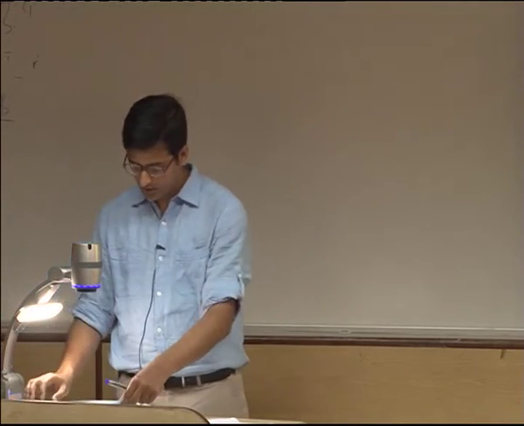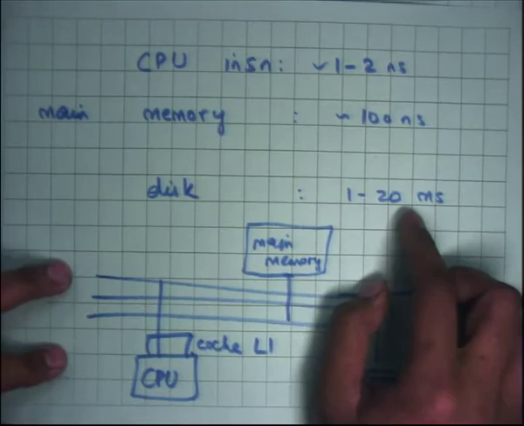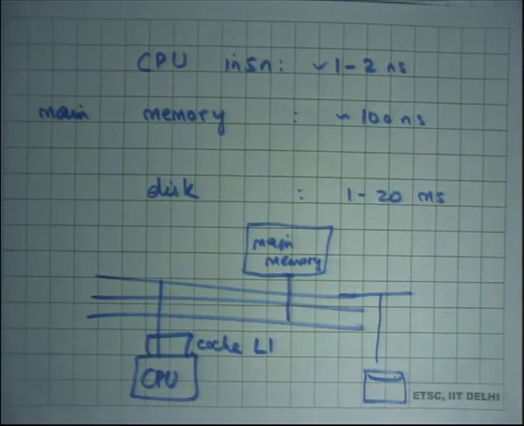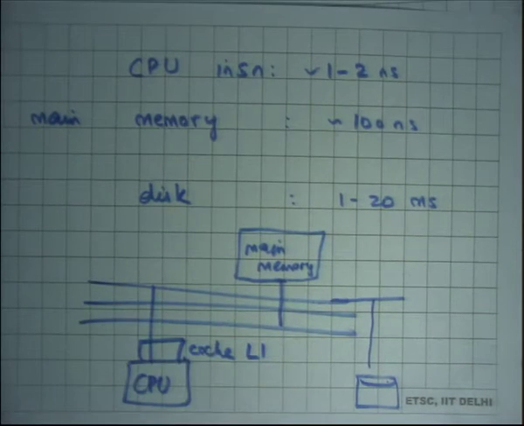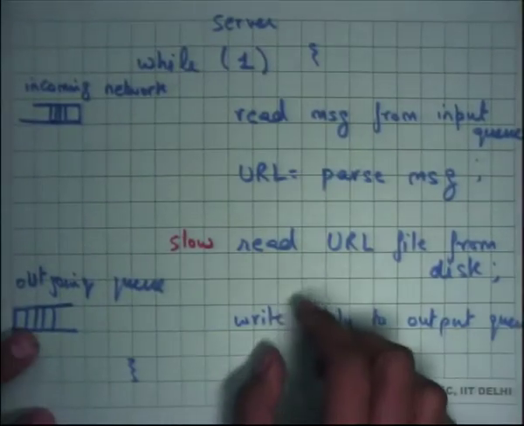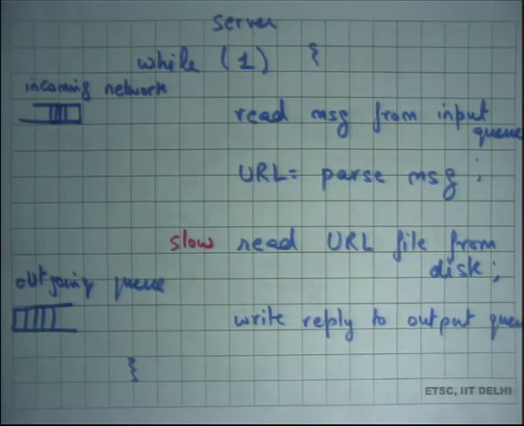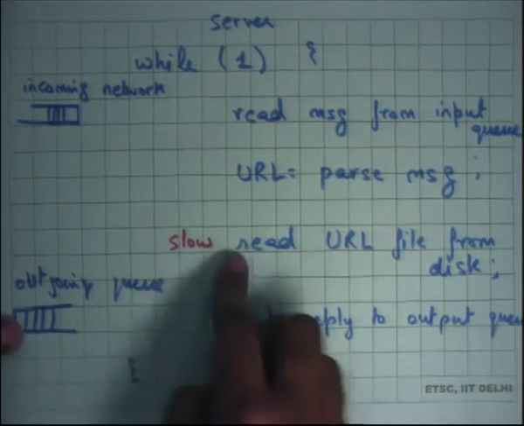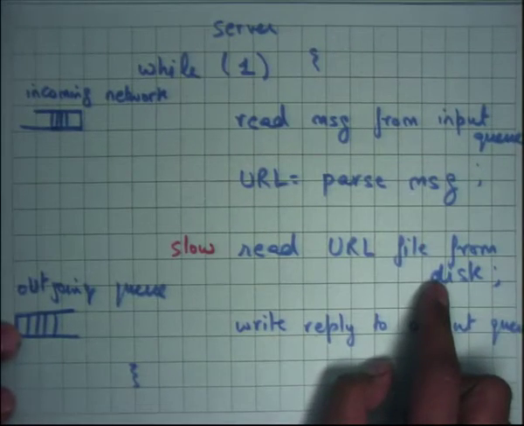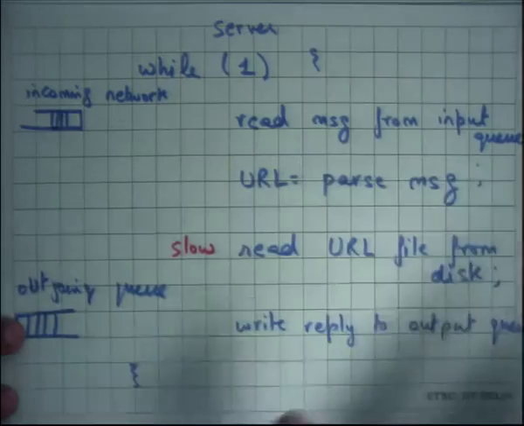So with that, we basically end up with a number something like 1 to 20 milliseconds to do a disk access, right? And where does that leave us in terms of a web server? In this web server, it basically means that every request to the web server will take roughly 1 to 20 milliseconds, because this is by far the slowest step, and everything will get serialized here.